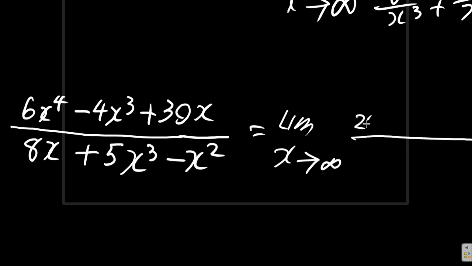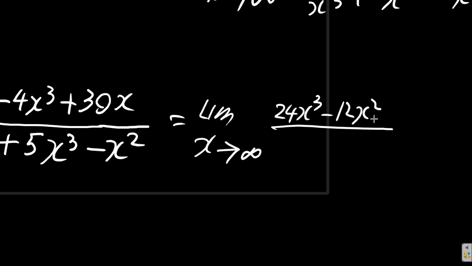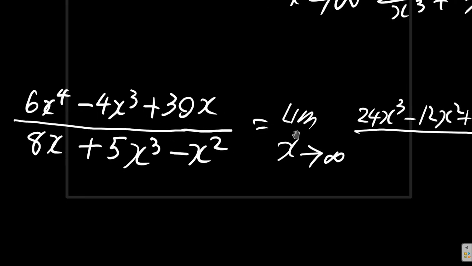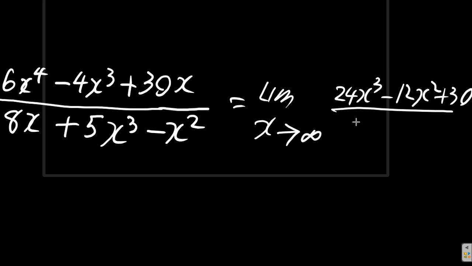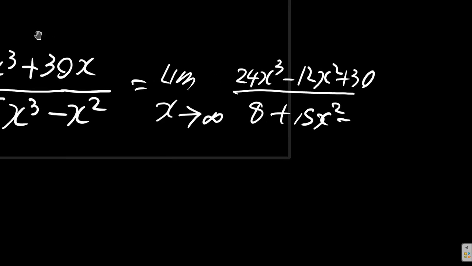It will be 24x cubed minus 12x squared plus 30, divided by, you have to remember your power rule with infinity, 8 times x, when you differentiate it, you get 8, plus 5x cubed, which when you differentiate gives 15x squared, minus, when you differentiate x squared, you get 2x.